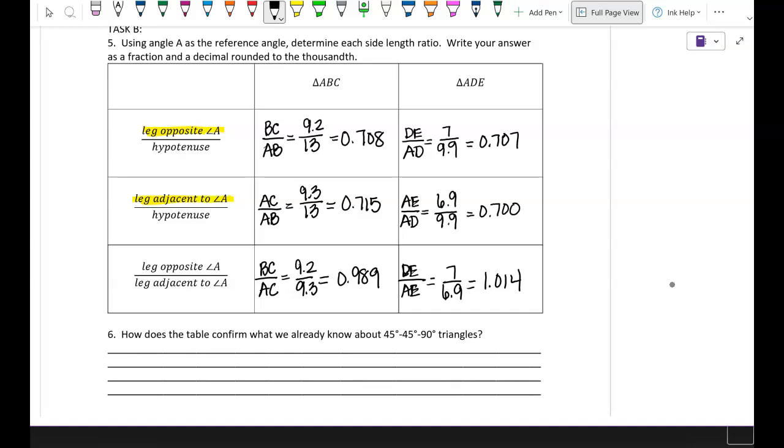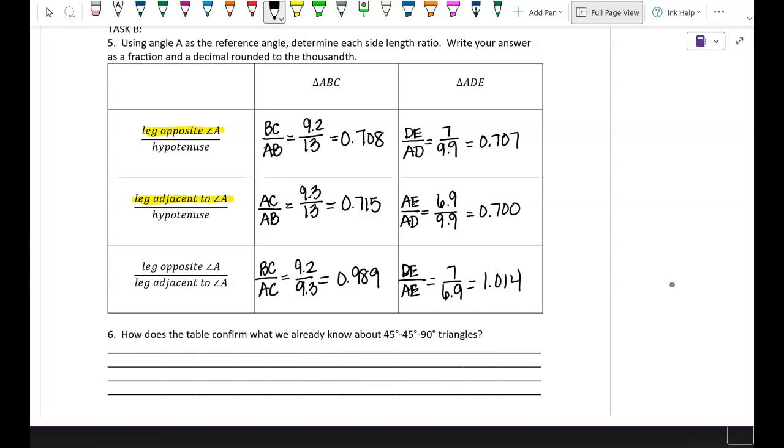Again, even though those numbers aren't looking the same, they are very close, and there's a little bit of human error involved. But if you look at that last row, 0.989 and 1.014, those are both very, very close to being equal to 1, which they should be because, again, they gave us a 45, 45, 90 triangle on the first one. And we know that the legs of a 45, 45, 90 triangle are congruent.